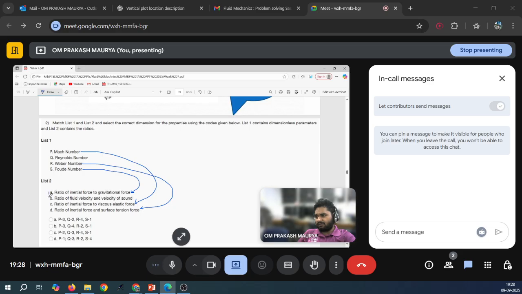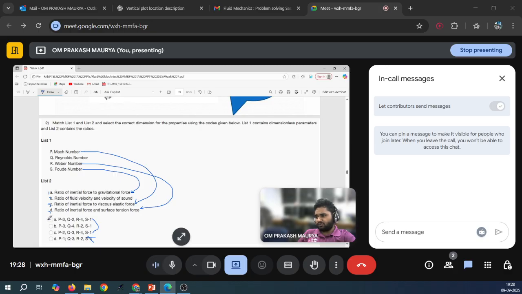Number them 1, 2, 3, 4, then you can match very easily. So your S, the Froude number, is going with 1, so option D is neglected. Now your Mach number is going with 3, that is P is going with 3.